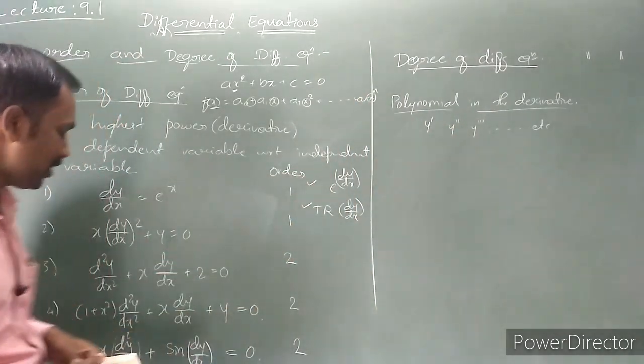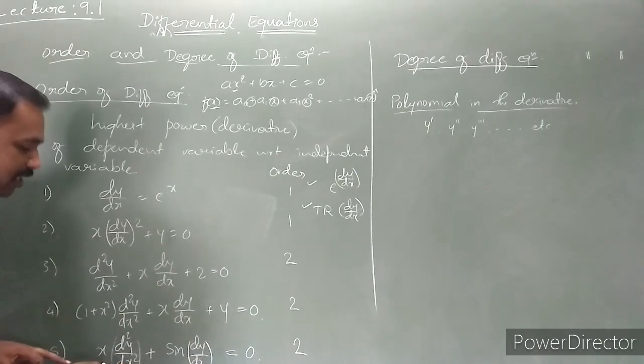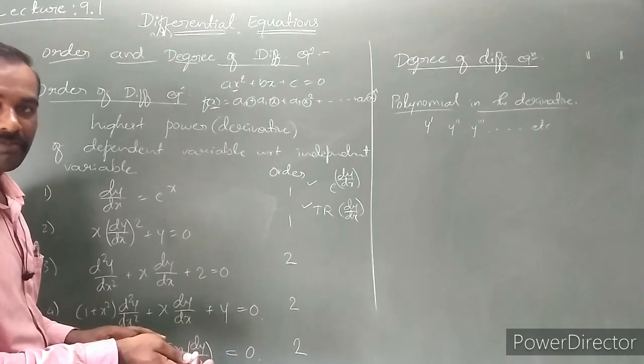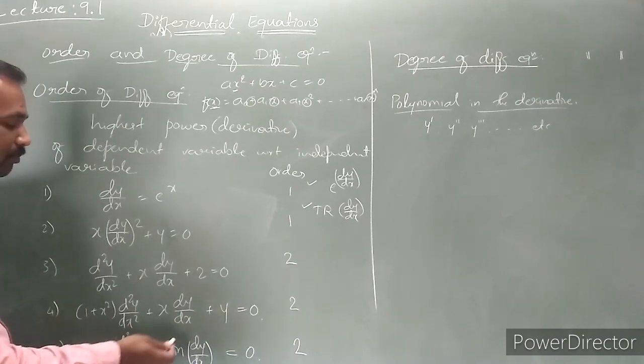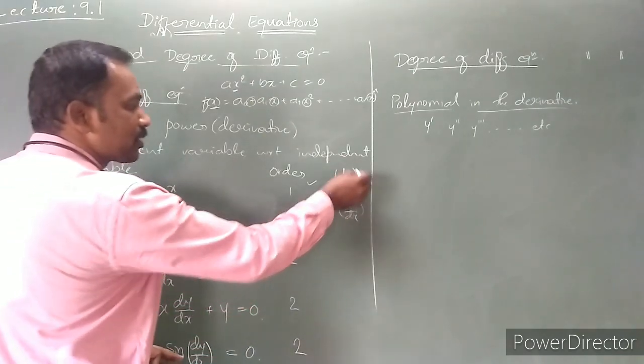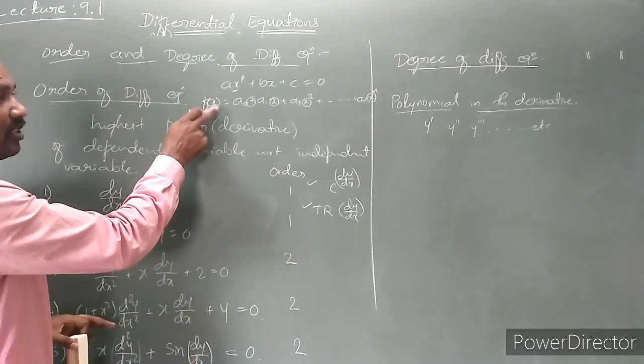Polynomial in derivative means the derivative of the dependent variable with respect to the independent variable, whatever power it might have, and whatever coefficient you write, no matter; but in case of an angle or exponential power, it is not a polynomial.